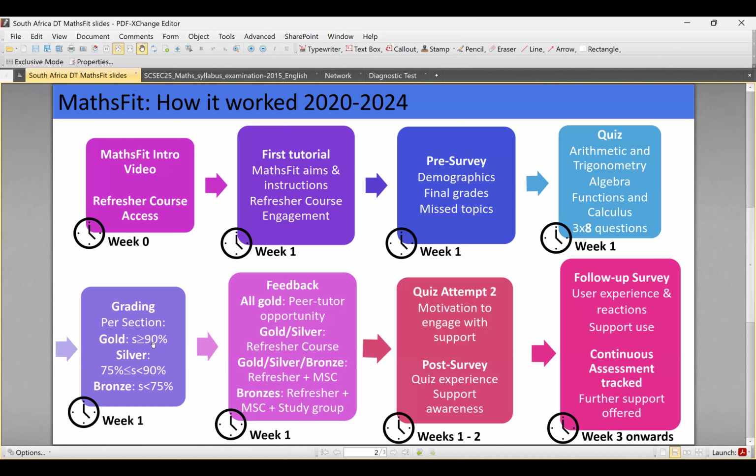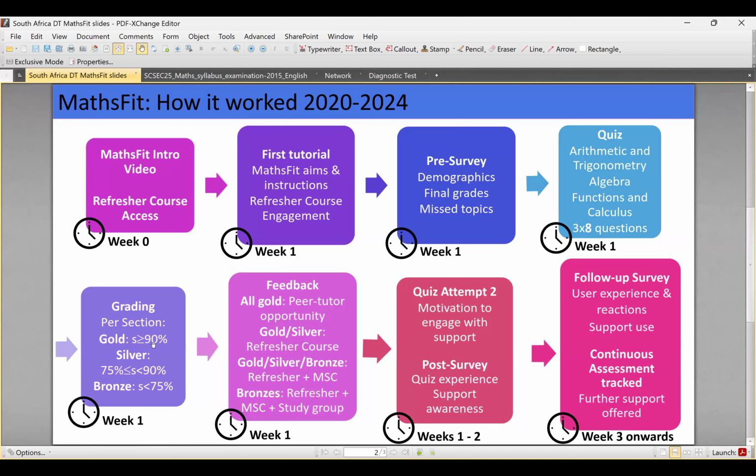And they also had another attempt at the quiz. I didn't mention that in some of the courses, lecturers were happy to give maybe 3% of the overall mark to these quizzes.